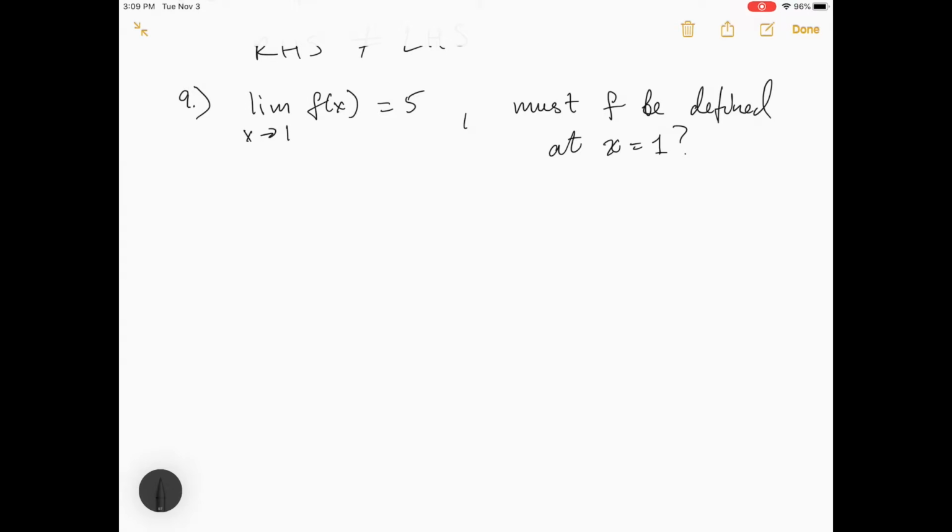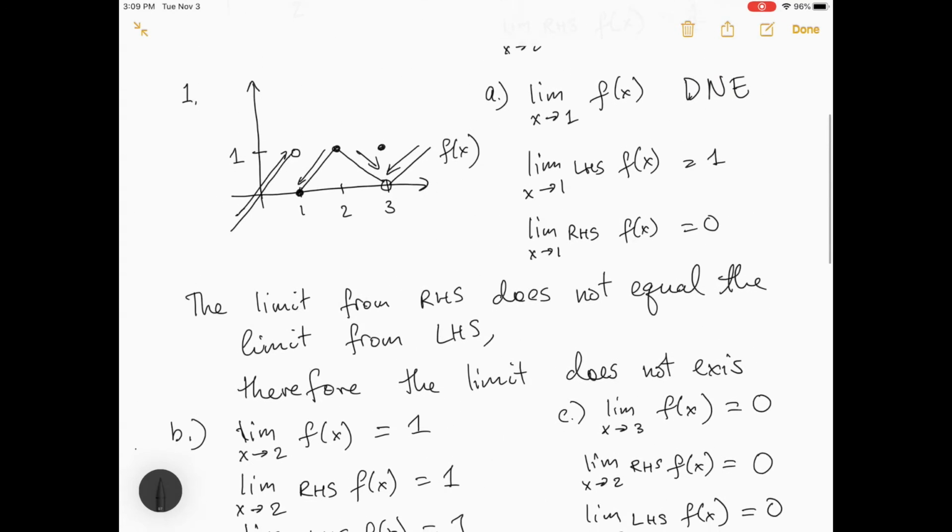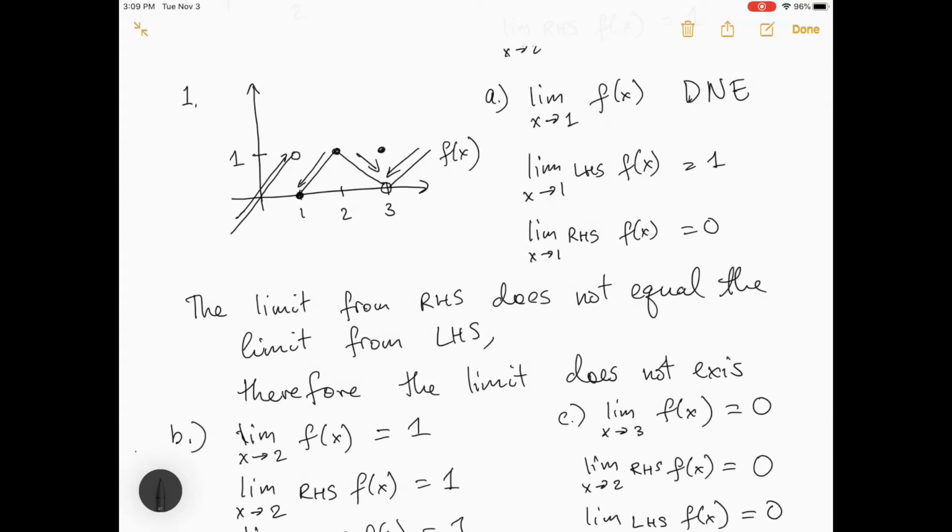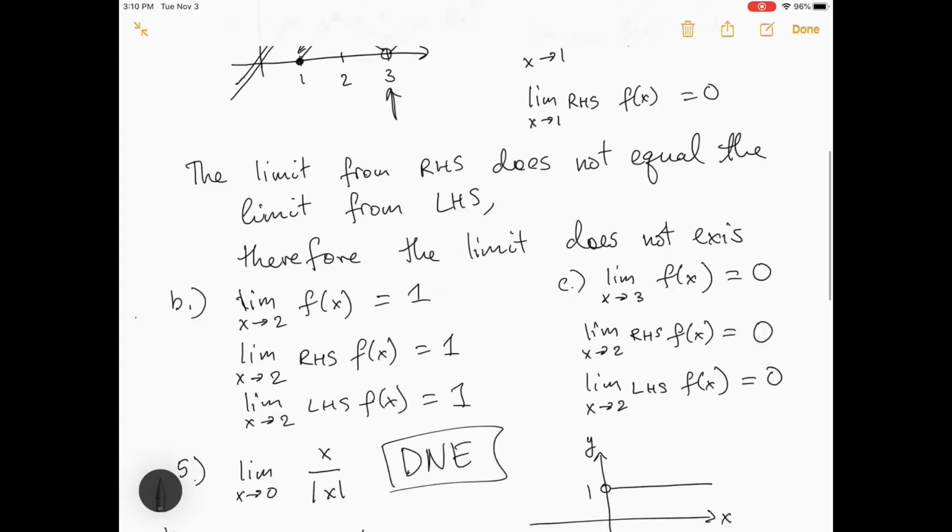And the answer is no, as we saw in a previous example. For example, at point 3 in this function, although the limit existed, the function did not need to be defined at that value.